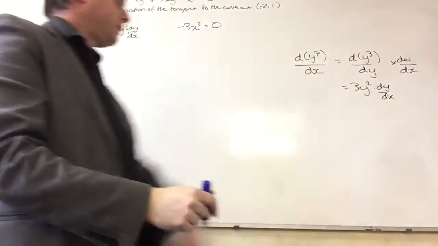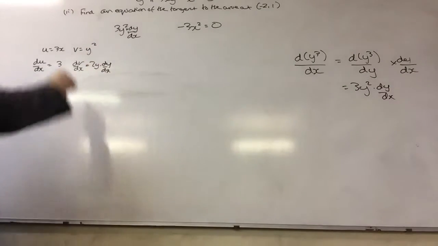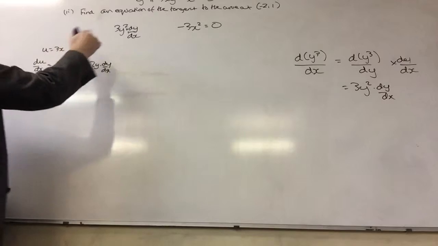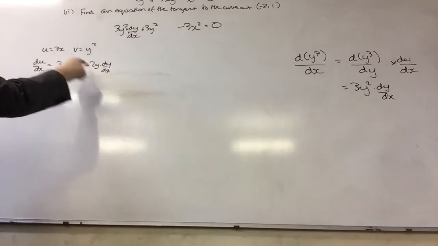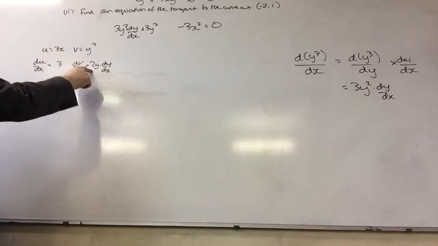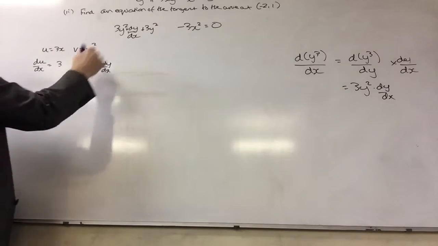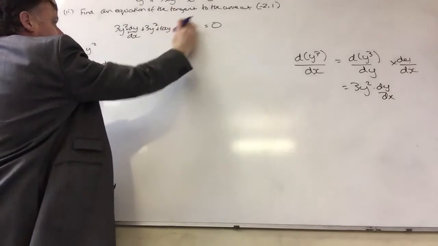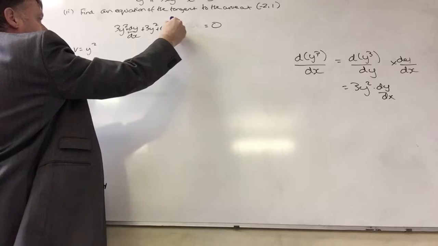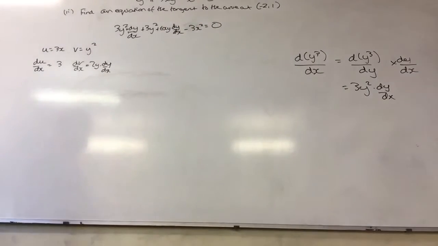Then we use the formula. So we've got v du dx, which is going to be 3y squared. And then u dv dx, which is going to be 3x times by 2y dy dx. 3x times 2y is 6xy dy dx. So we end up with that thing there.